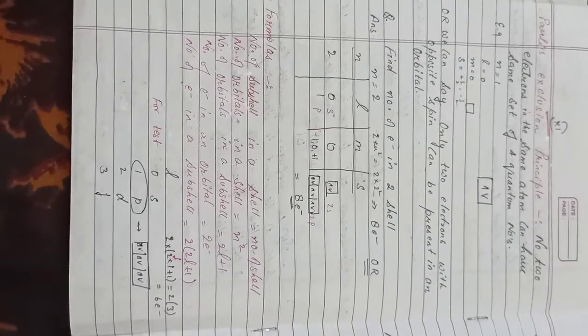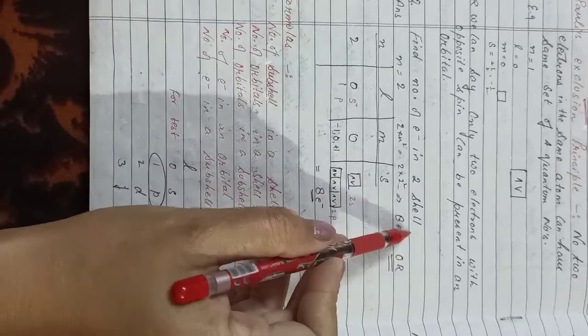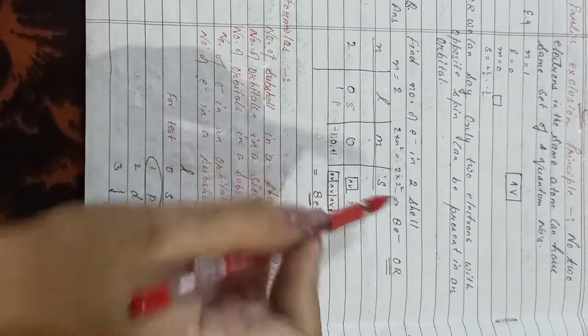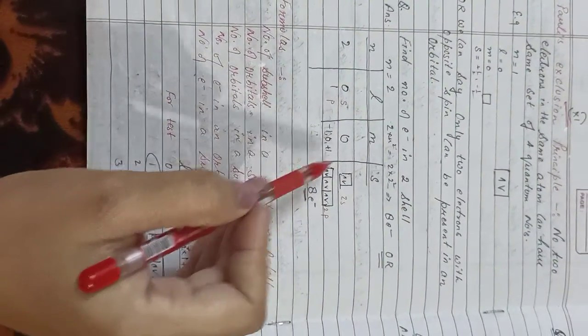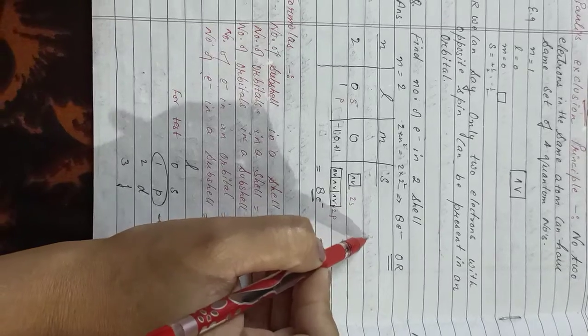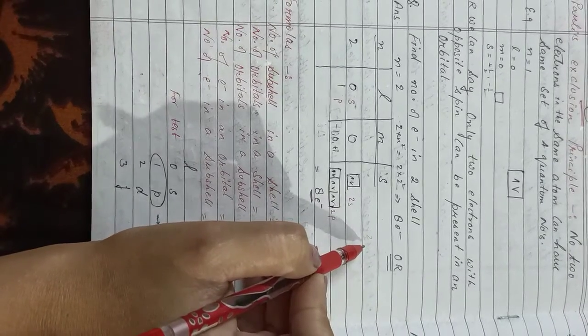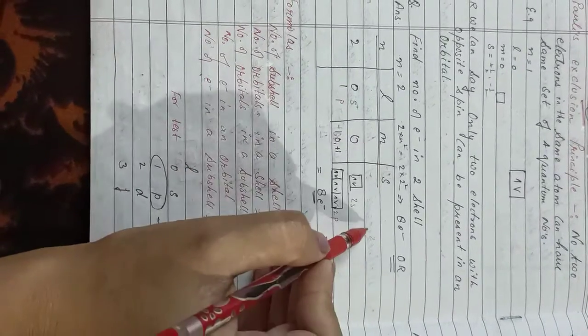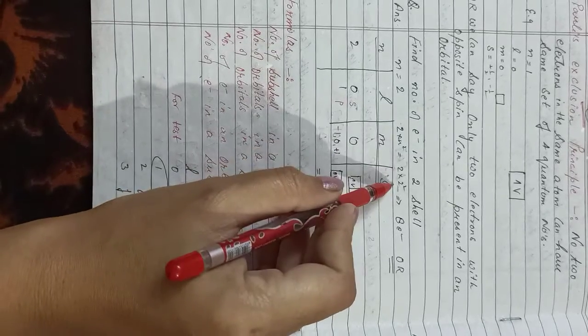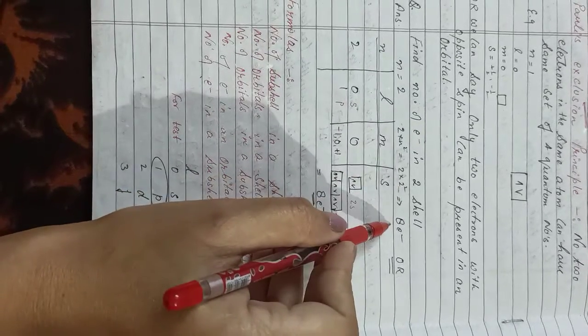Now some more questions on quantum numbers are there. 2 shell, 2 L M S, same as before we have completed. 2 means directly also 2 square you can put. So 2 into 2 square, 2 to the 4, 4 to the 8 electrons.